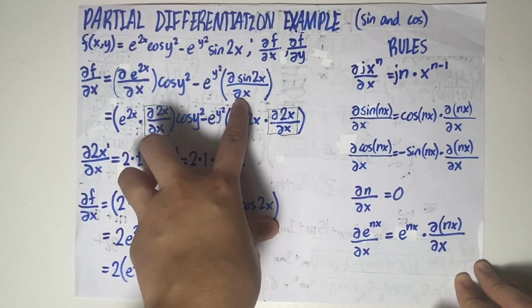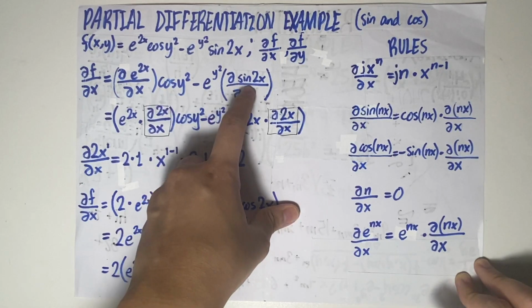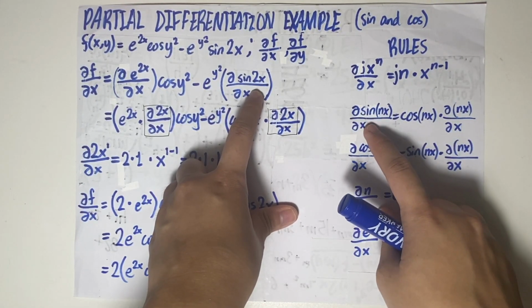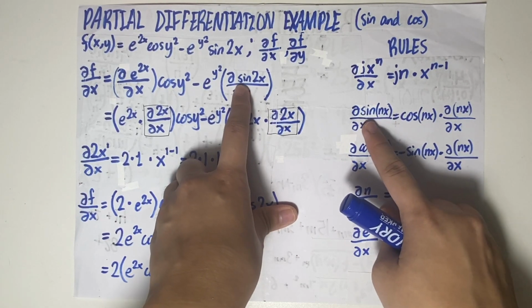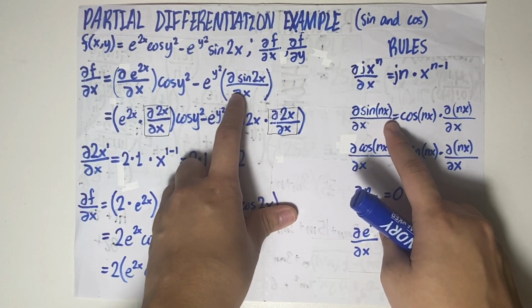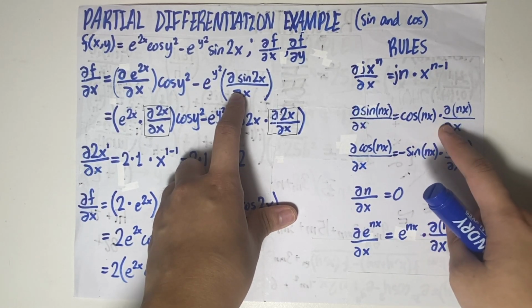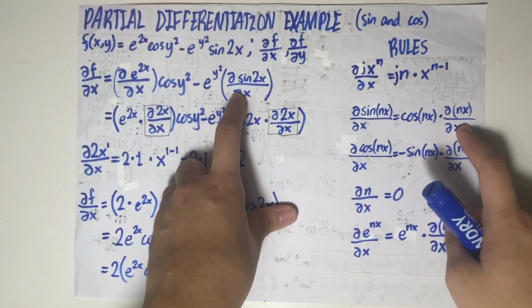And let's also derive sine 2x. Again, we're going to apply the differentiation rule for sine nx. The derivative of sine nx is equal to cosine nx times the derivative of nx.